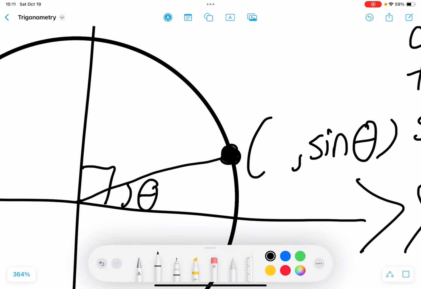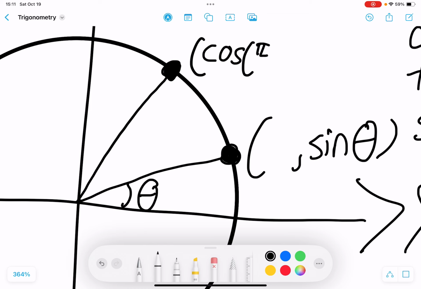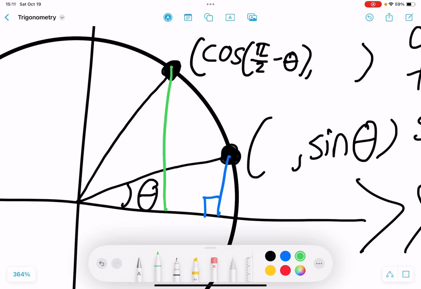Pi over 2 is this angle, and pi over 2 minus theta would be something like this. So this would be the sine, cosine values for pi over 2 minus theta. What you can do here is prove the congruency of 2 right triangles, and prove that the coordinates are equal.